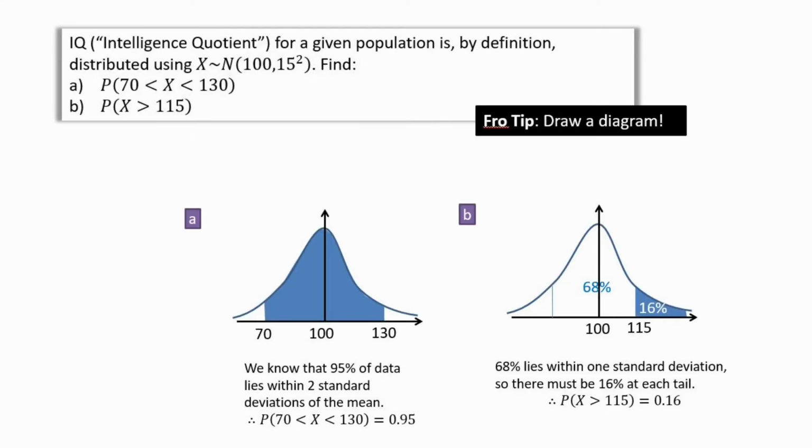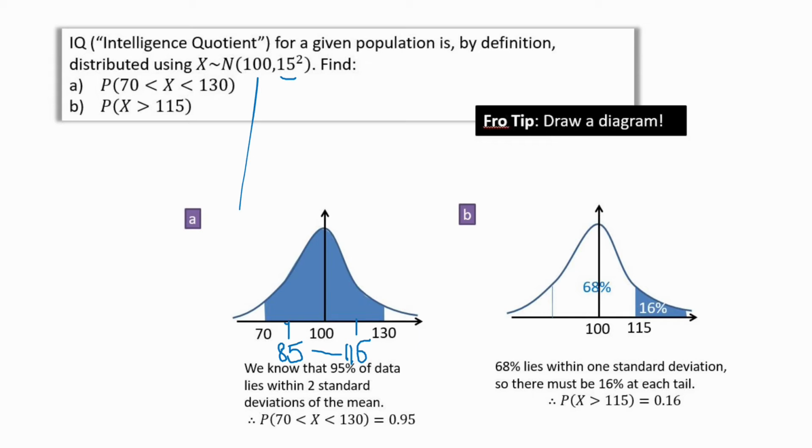And another similar question that I think we did look at. Here our mean is 100. So if we draw our curve, we'll stick that in the middle. We know our standard deviation is 15. So we could label in between here, we could have 115, that's one standard deviation up, and we could have 85 here.